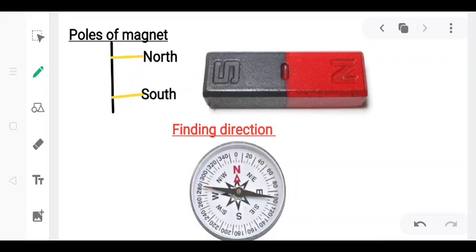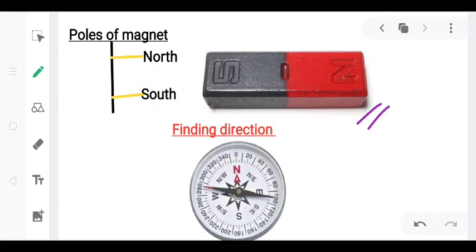Now let's read the poles of a magnet. Poles are those regions where the attractive power of a magnet exists, or the regions where the magnetic force is maximum. Every magnet has two magnetic poles, one is the north pole, another is the south pole. If a bar magnet is suspended with a silk thread such that it swings freely in a horizontal plane, it comes to rest pointing roughly in the north and south direction.